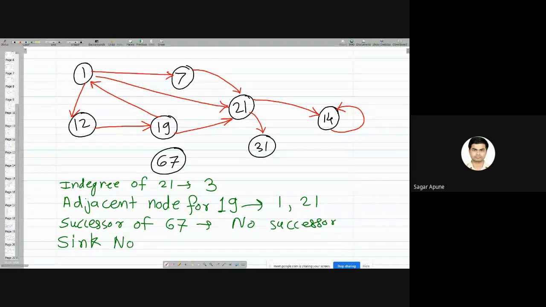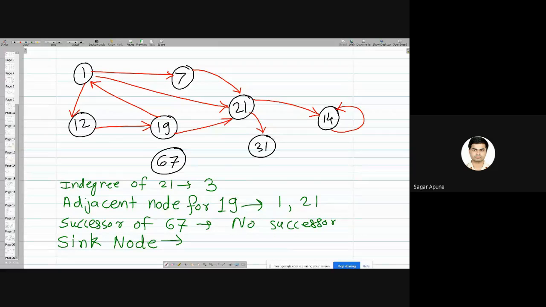Tell me the sink nodes from the graph. Tell me the name of the sink node. Post your answer fast. Okay, some answers.